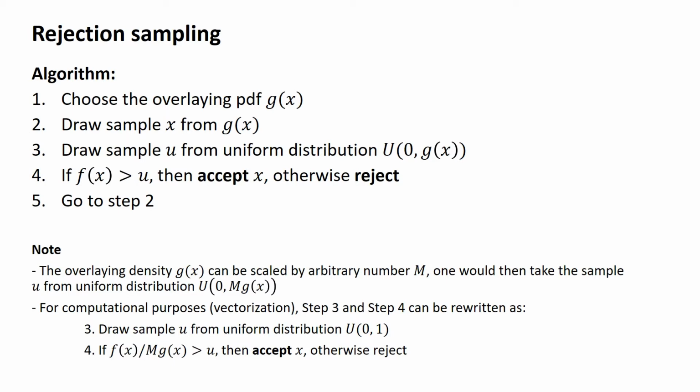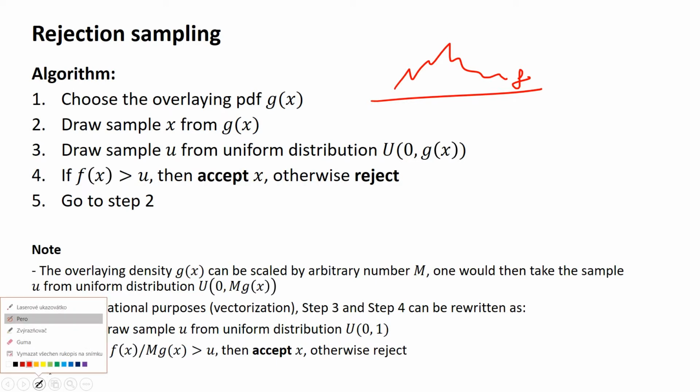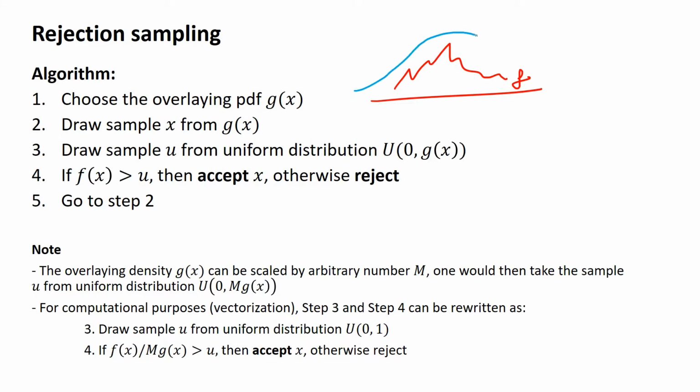This is the algorithm. So again, we have some ugly function f. First we choose an overlying density. Let this be the overlying density g. Draw a sample from g. Now draw a sample from the uniform distribution between 0 and g(x), and if it's below the red line, below the f(x), accept.